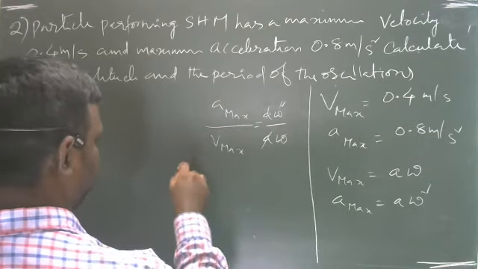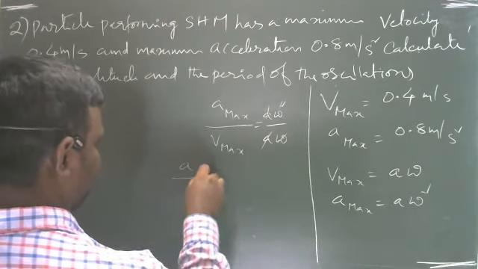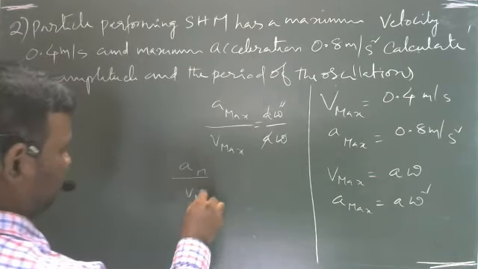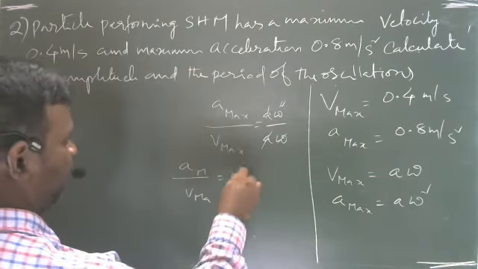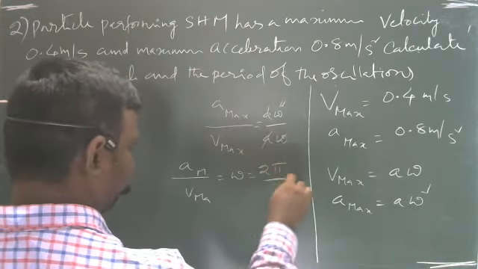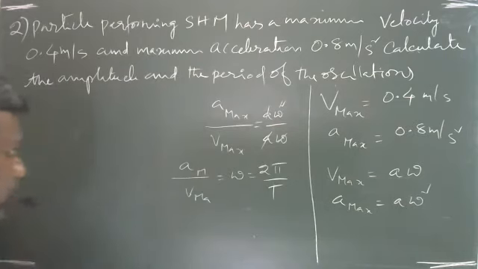So A max by V max is equal to omega. And omega is equal to 2 pi by t. That is the equation for the time period. Using this you can find the time period.